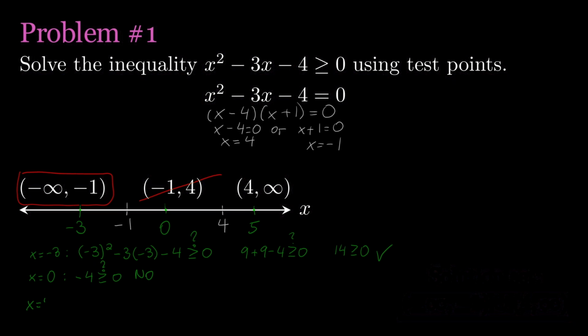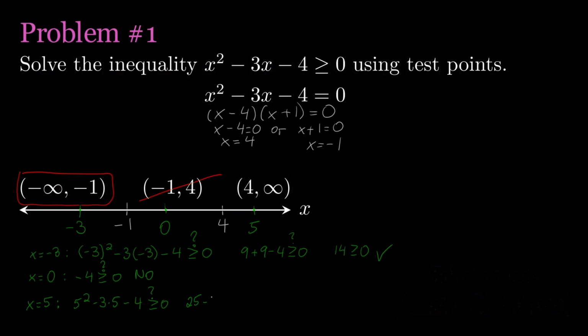And finally, for the third test point 5, we get 5 squared minus 3 times 5 minus 4. And we're asking if this number is greater than or equal to 0. 5 squared is 25. Negative 3 times 5 is minus 15.